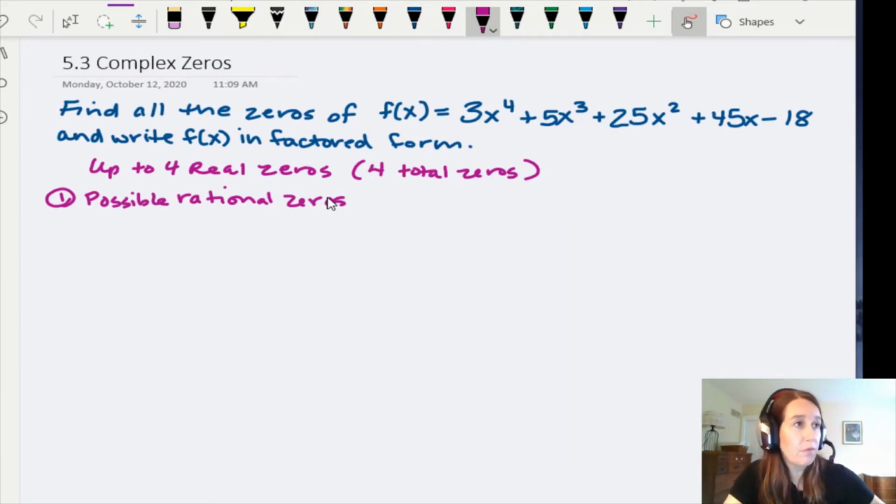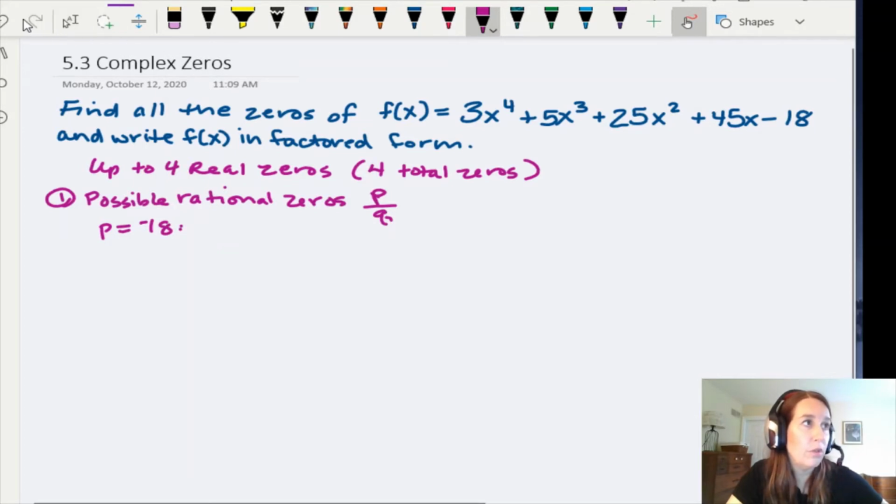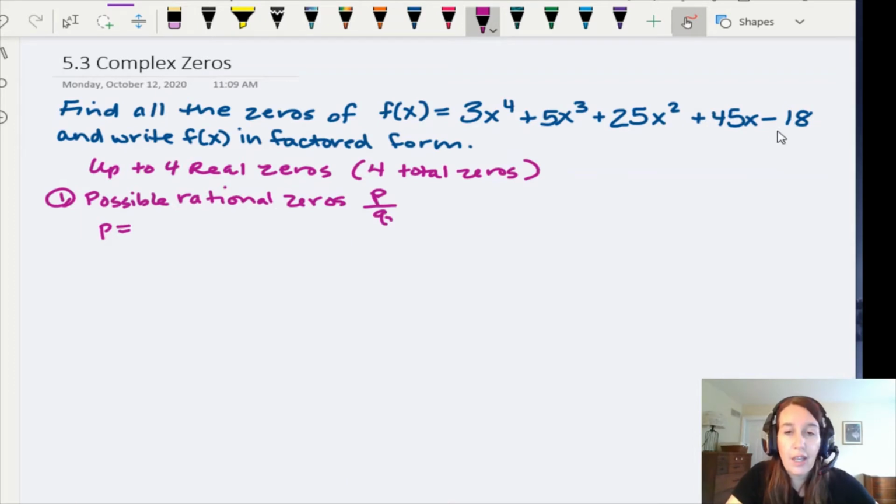So the possible rational zeros is plus or minus p over q. In this case, p is the factors of negative 18, which is the constant term.